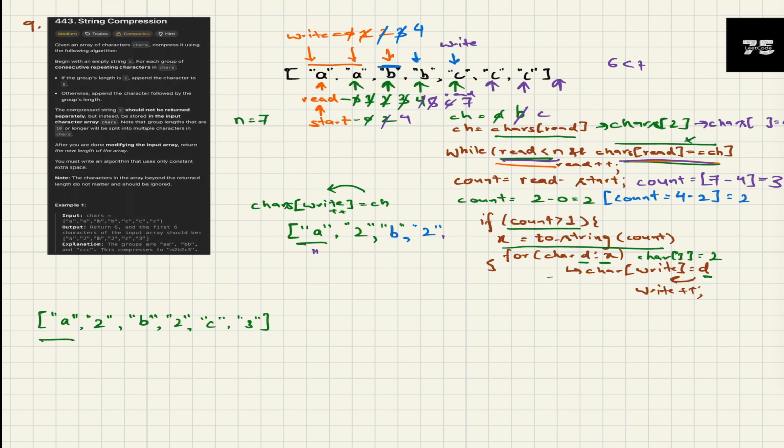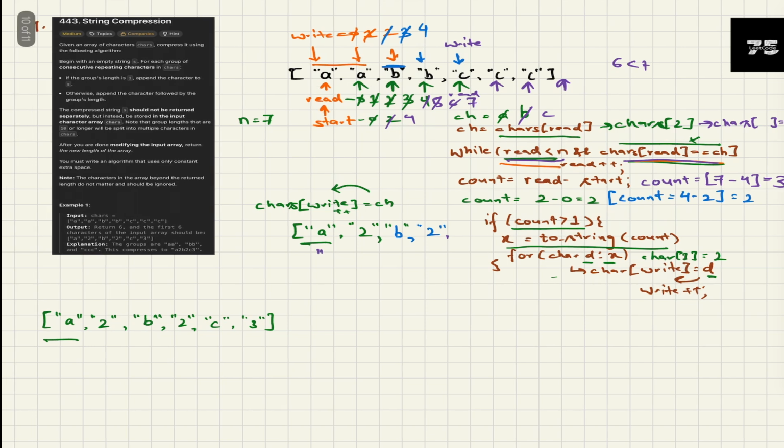At chars of right, we know right is pointing at 4. So 0 1 2 3, and at the 4th index we are going to write c. Now we have to take care of the count. Again, we know that the count is 3.